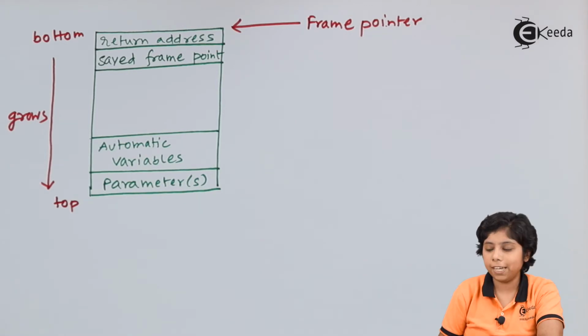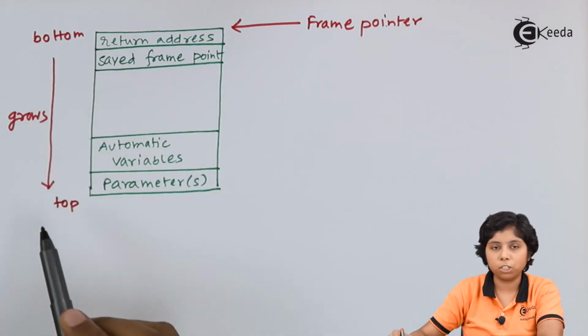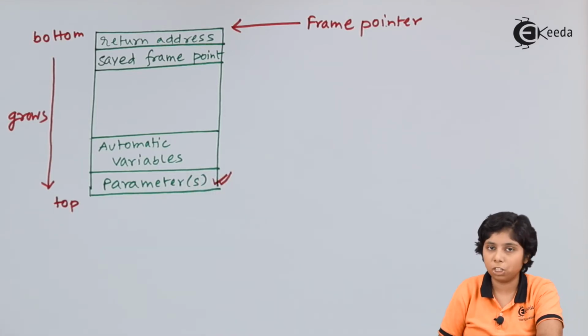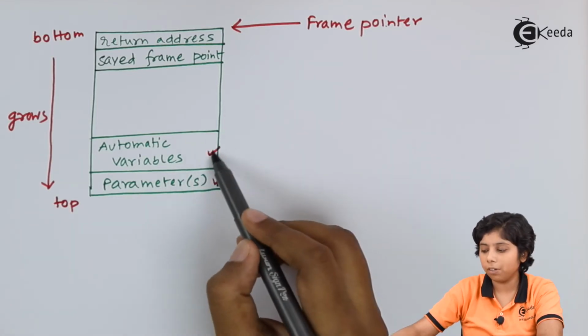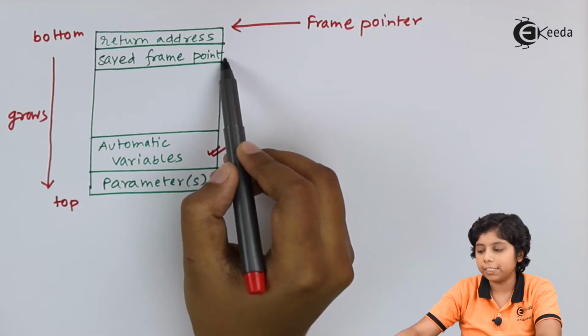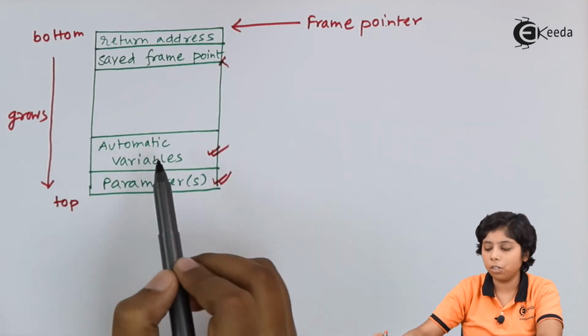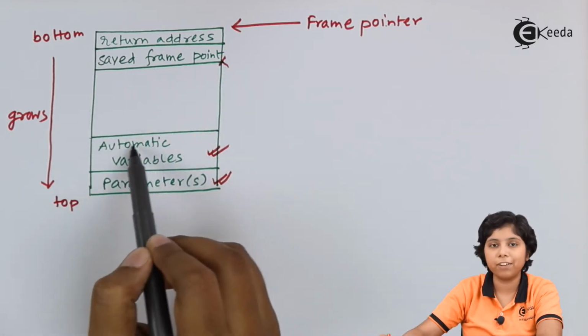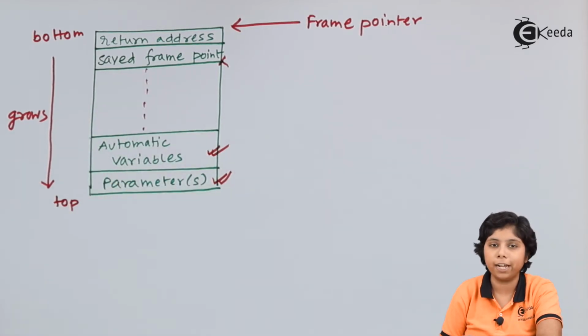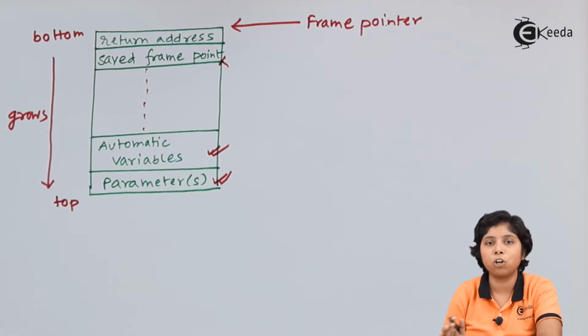So here we can see that the stack is growing from the bottom to the top. At the top, first we meet the parameters, then the automatic variables or local variables of the function. After that, we reach a frame pointer, which is made upon reaching these automatic variables, and this space is given for the stack to grow for the undefined variables that result from the automatic variables operation.